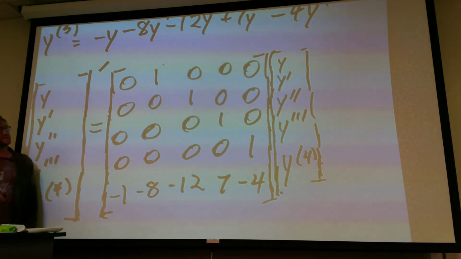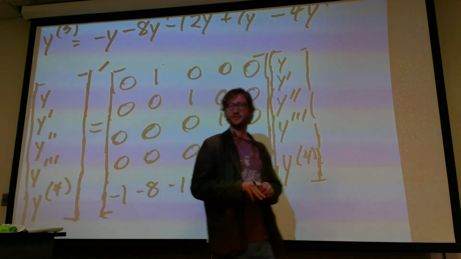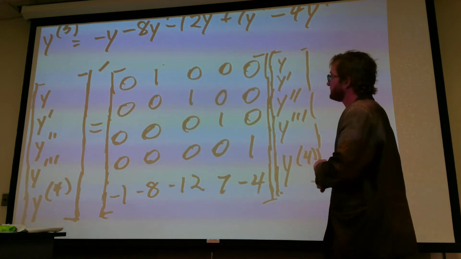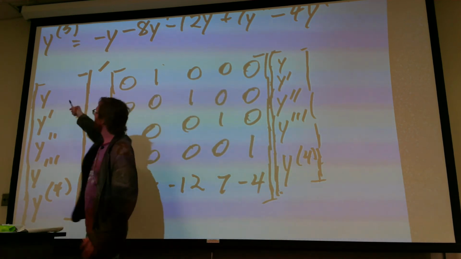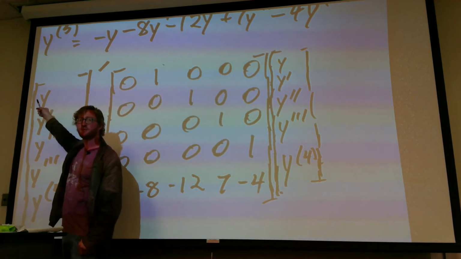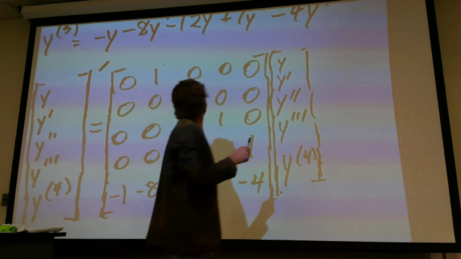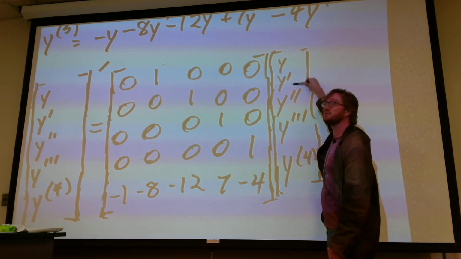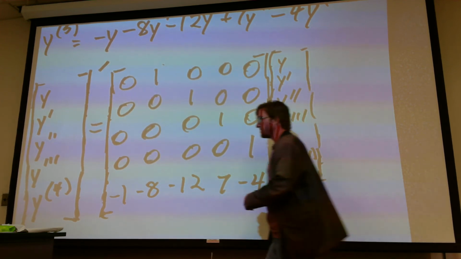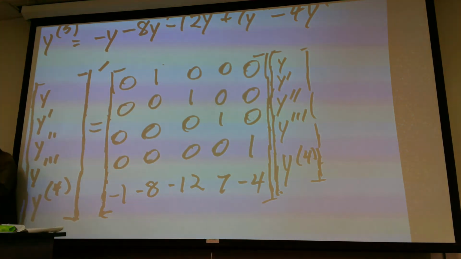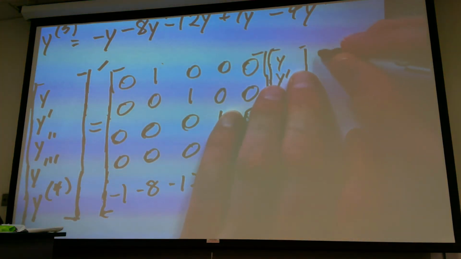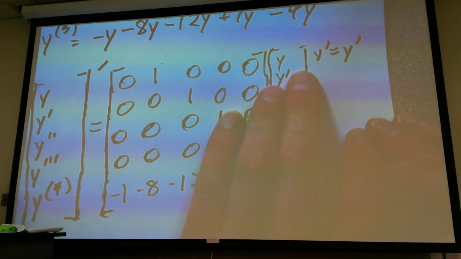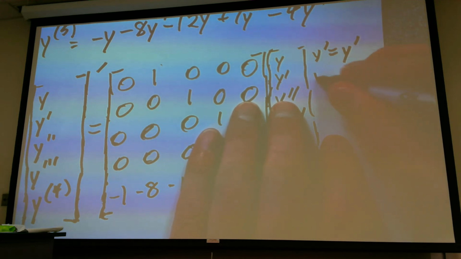So think about what this matrix is actually telling us. This first row is going to become a y prime. When 0, 1, 0, 0 acts upon this, the 1 is going to hit y prime. So that first line is really saying y prime equals y prime. The second line says y prime prime equals y prime prime.